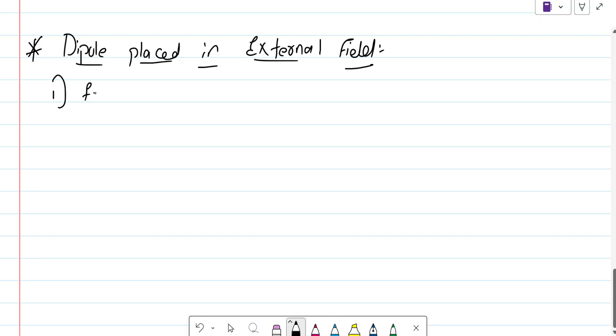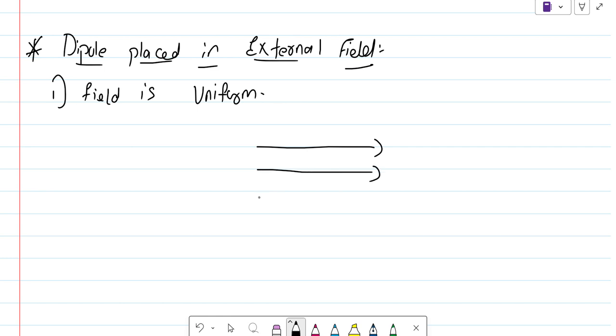So if the field is uniform, there's a dipole placed at an angle theta with the electric field direction. So this is your dipole moment from negative p to positive p. This is your dipole moment direction placed at an angle theta.